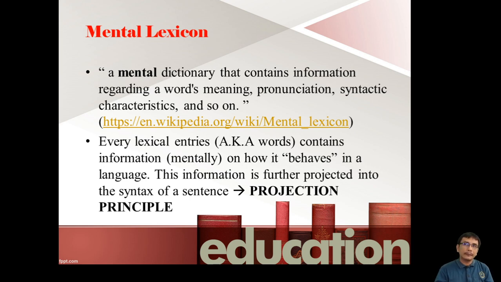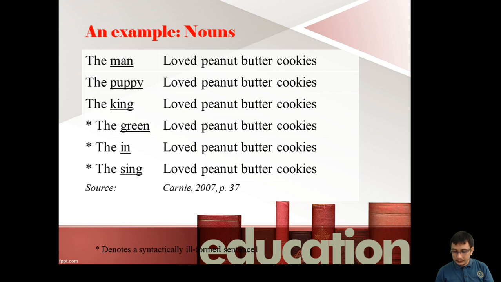But for your information at this point, a certain word has a certain characteristic that will be projected to the sentence in terms of how it combines with different words to construct a sentence. This is another example from Carney showing how certain words can be combined or cannot be combined with other words.